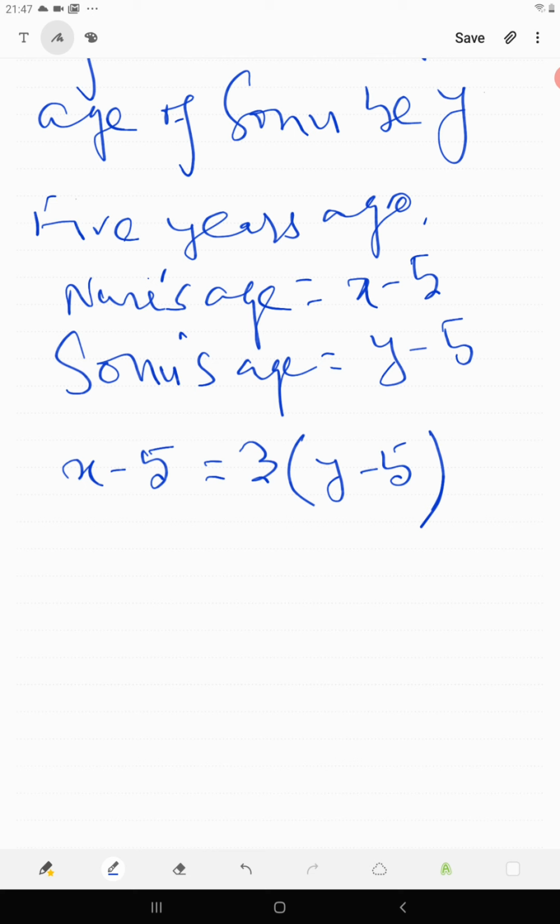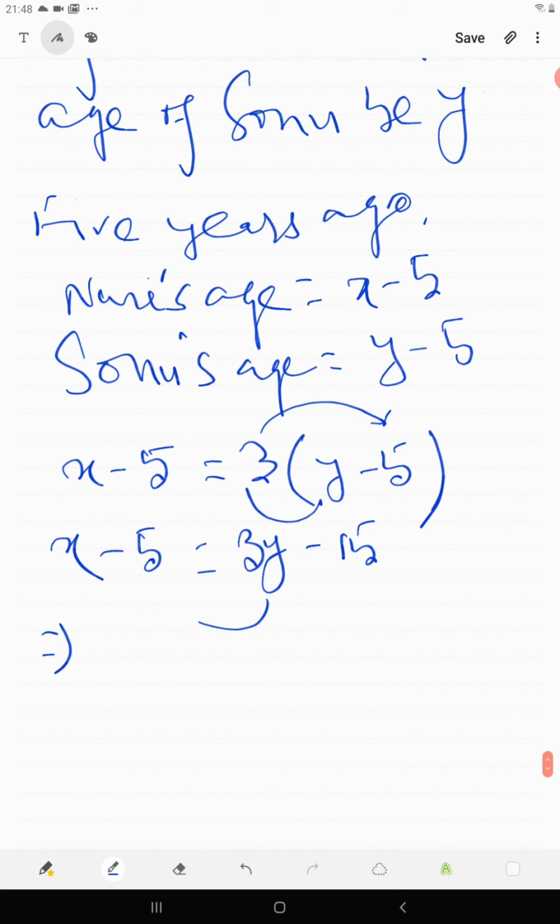So this will give us X minus 5 equals 3 multiplied with Y and 3 multiplied with minus 5. First 3 into Y is 3Y, and then 3 into minus 5 is minus 15.